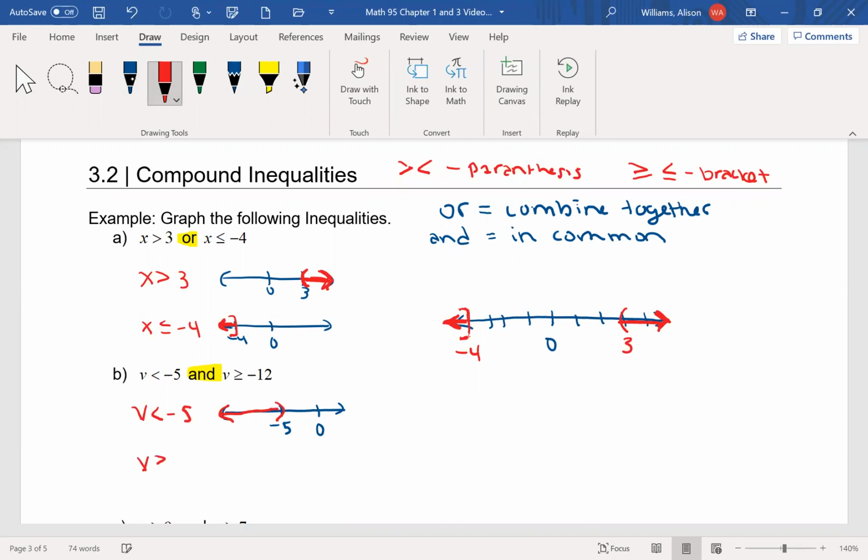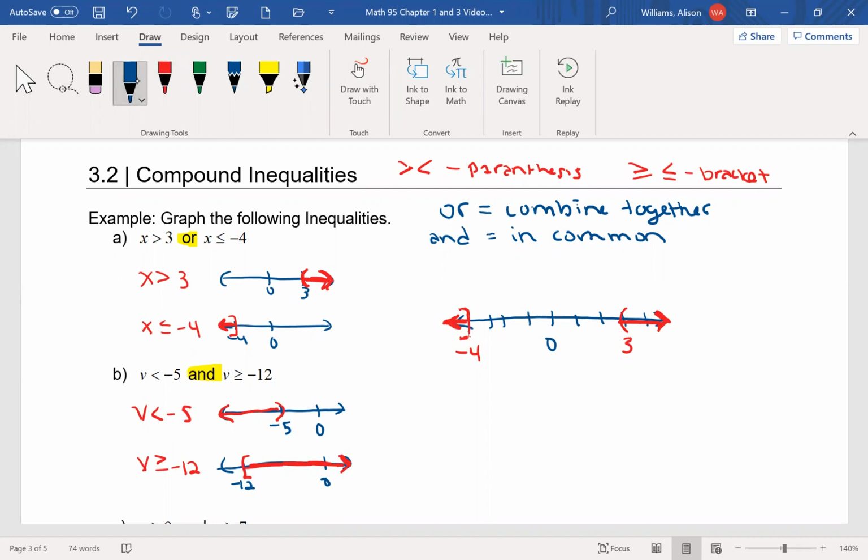And then for v is bigger than or equal to -12, here's 0 and here's -12. Those would be, first of all, a bracket, and they'd be shading to the right because those are all the numbers that are bigger than -12. Since we're looking at and, what we're looking at is what they have in common.